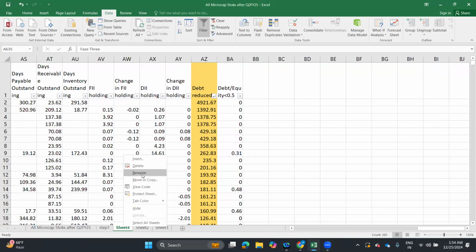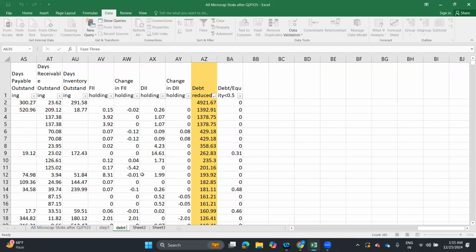where now let me name it, debt reduced. Let me put it in this way, debt to equity, ये नहीं लेगा. Let it be debt reduced.